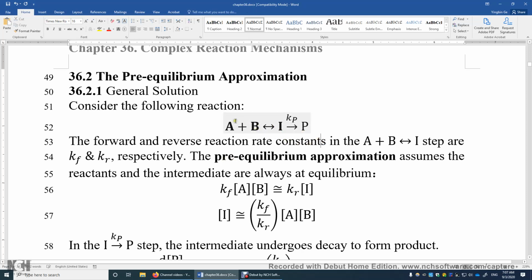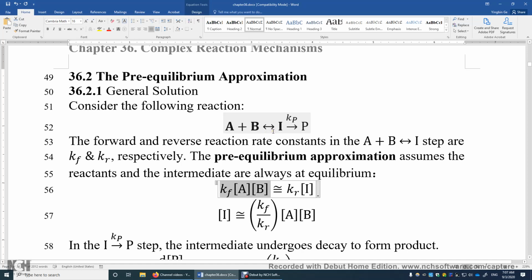And because we assume A plus B and I are always at equilibrium, that means the forward rate is equal to the reverse rate. The forward rate is K sub F times A times B, assuming the forward reaction is an elementary step. So this is second order: one order with respect to A, one order with respect to B. And then there's a reverse reaction from I to A plus B. Assuming this is an elementary step, it has to be a first order reaction.